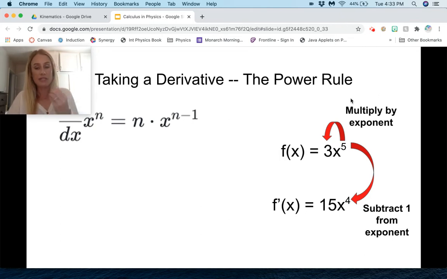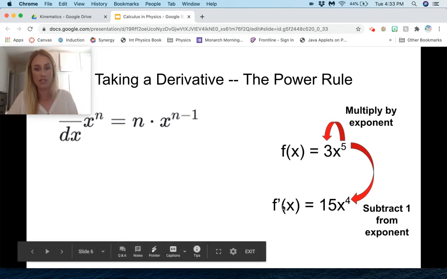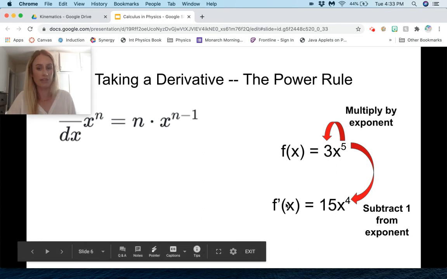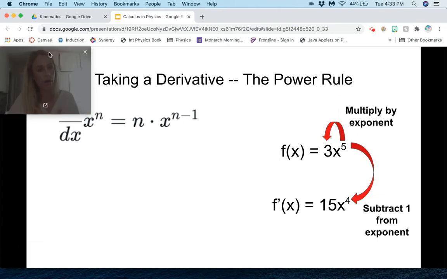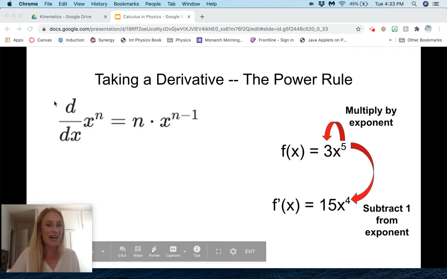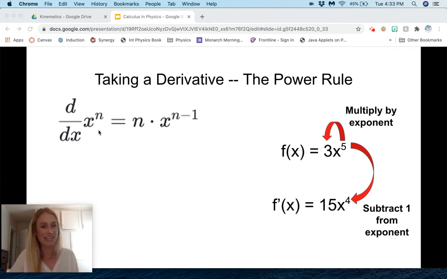Now, again, if you've never seen derivatives before, you probably have not seen this notation either. This means the original function. This right here is what we call prime, that little apostrophe. So that just means f prime is the derivative. In physics, we don't really use this notation. We're more often going to be using this notation right here, because prime actually means something specific in physics.